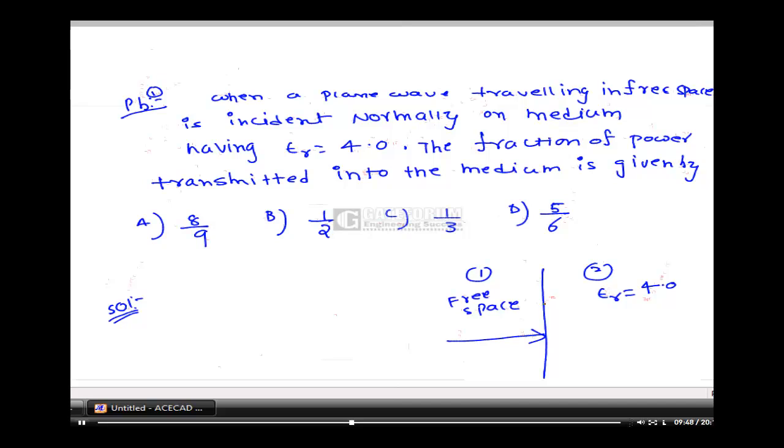First of all, we will calculate the electric field in medium 2, that is, the transmitted wave amplitude. We know that the ratio of transmitted to incident electric field is given by 2 eta 2 by eta 1 plus eta 2, where eta 2 is the intrinsic impedance of medium 2 and eta 1 is the intrinsic impedance of medium 1.